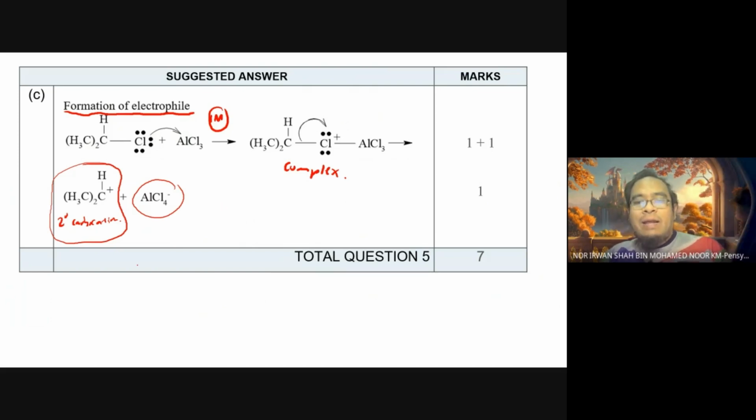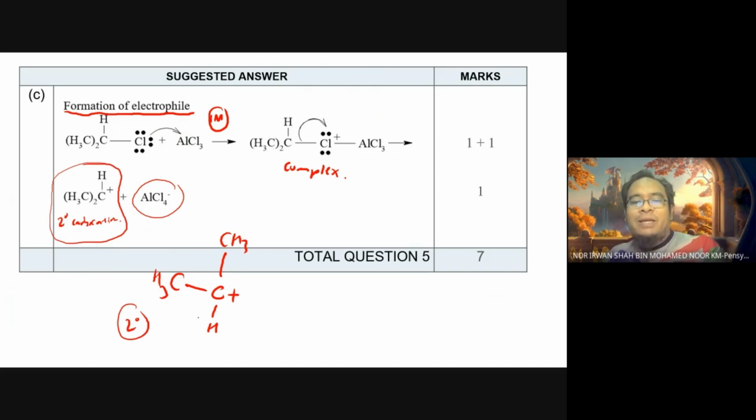Dalam kes ni, kalau saya besarkan dekat sini ni guys, kita ada isopropyl carbocation. Nampak tak? Isopropyl carbocation adalah secondary carbocation. Okay, boleh tak dia buat rearrangement untuk jadi more stable, jadi tertiary?